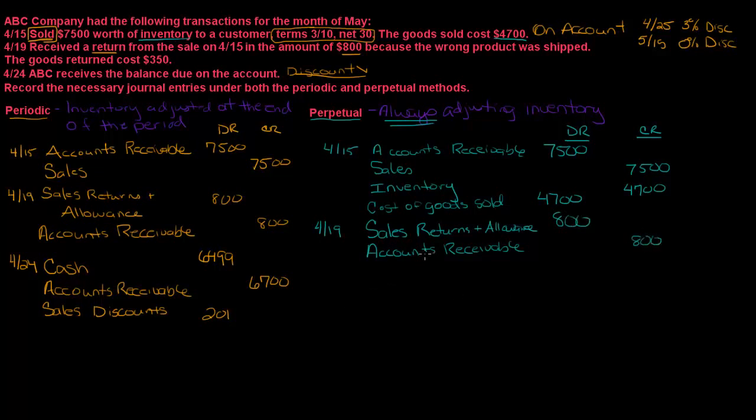Now, it was the wrong product that was shipped. The product's not damaged, it was just the wrong product. The goods returned cost $350. So what's happening? Those are going to go back into inventory. So my inventory is going up and my cost of goods sold is going down.